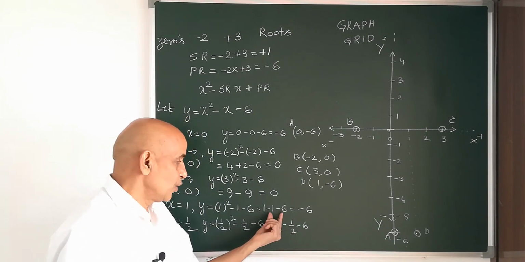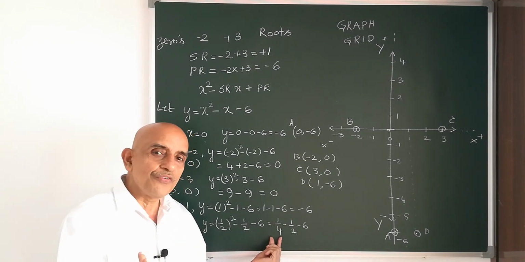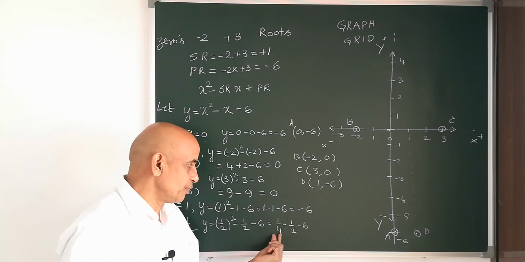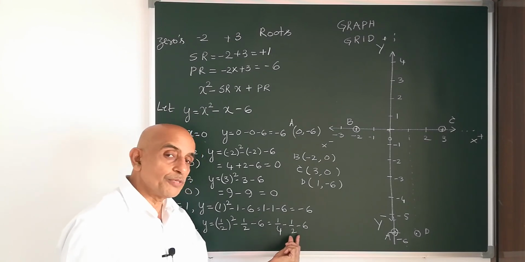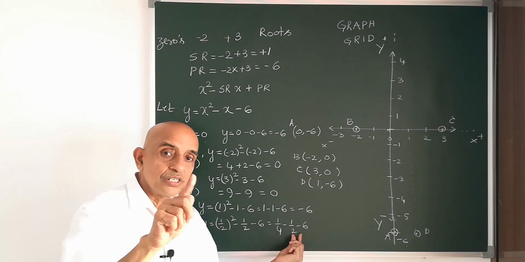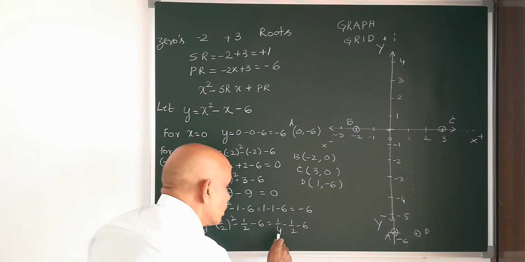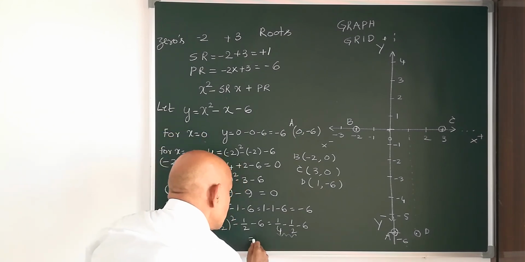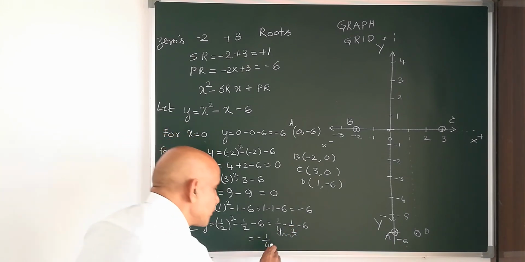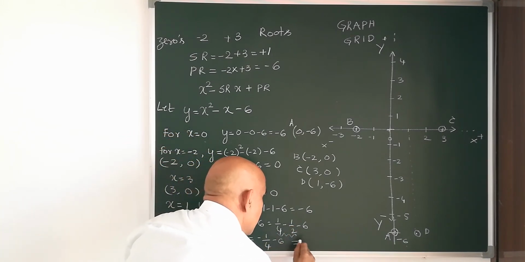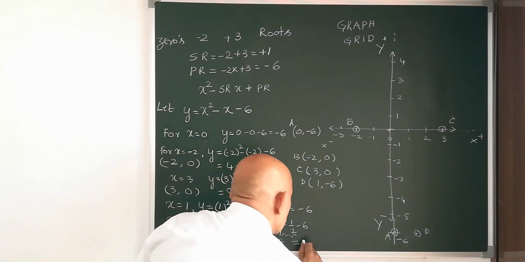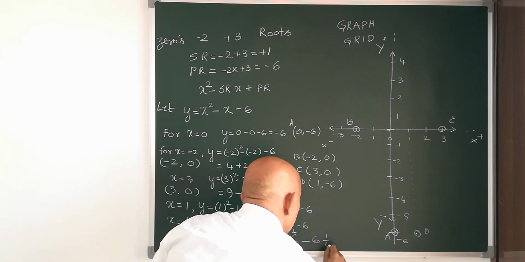Let us imagine 1/4 is 25 paise, half is 50 paise. So minus 50 paise, we have to take the difference. What is the difference between 50 paise and 25 paise? It is 25 paise, 1/4. So the sum of these two becomes minus 1/4, because the minus is bigger, minus 6. So this will become 6 rupees 25 paise.